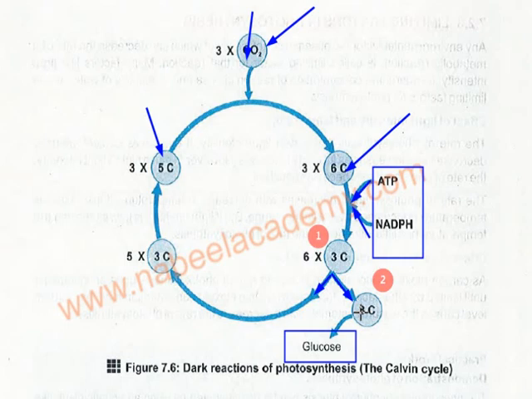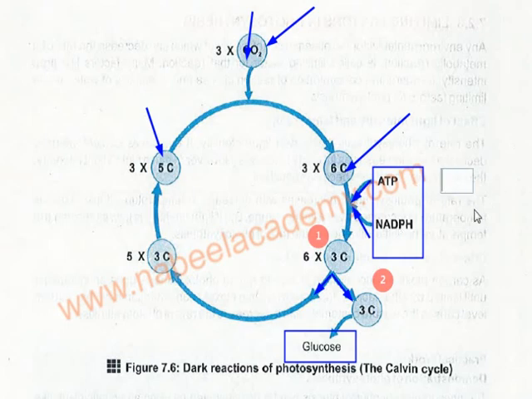And with the help of these dark reactions, we are going to see the production of glucose. So now this was our sole important purpose, which was the production of glucose. And how did it get produced? By using the hydrogen from ATP and NADPH.